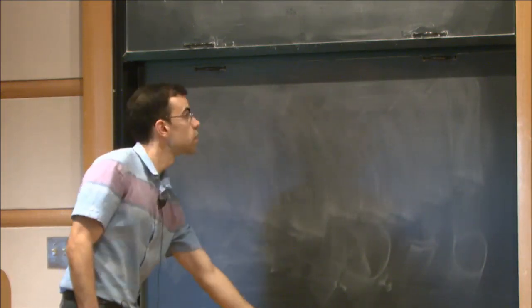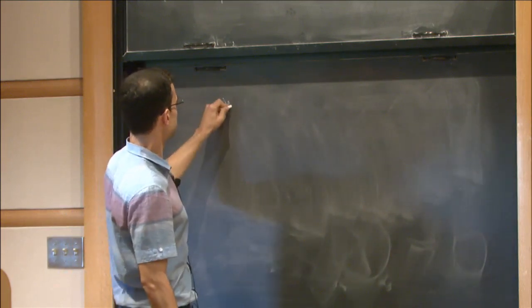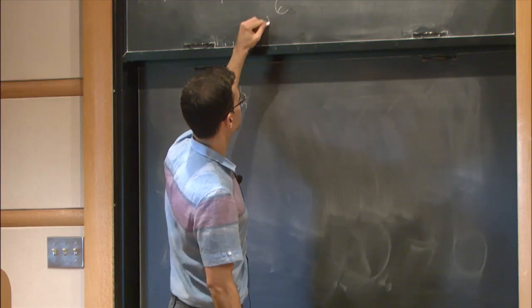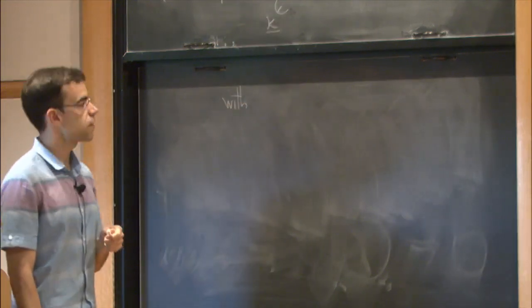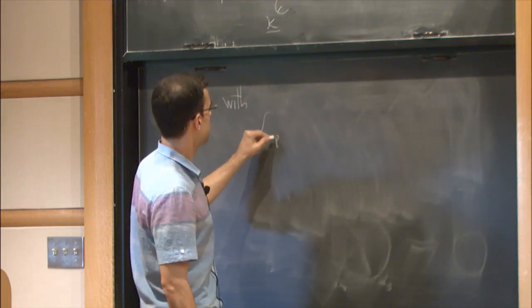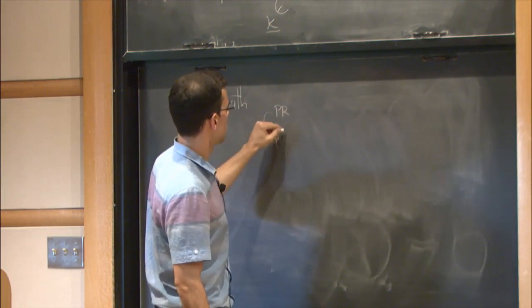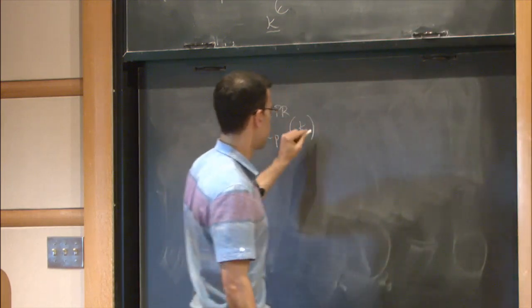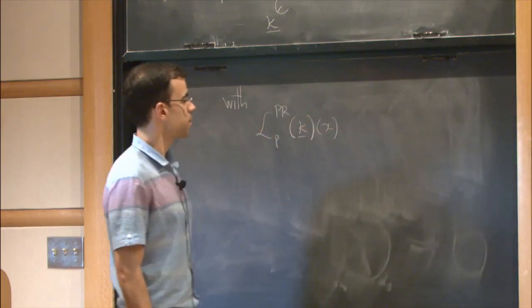is as follows. If I pick an arbitrary class, kappa underline, in this triple product, I can evaluate the map at this class. So it gives me an element here, which I can evaluate at any point in weight space.